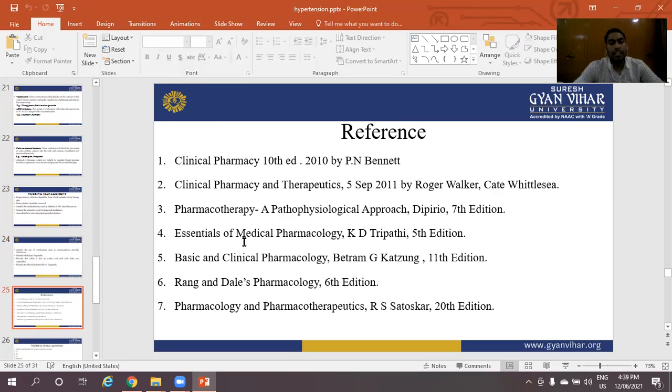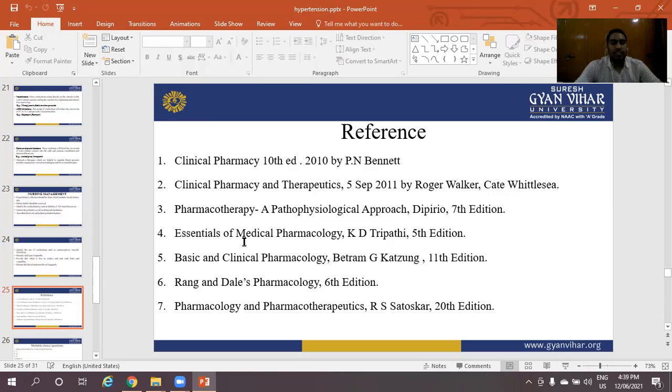References: Clinical Pharmacy, 10th edition, 2010 by P.N. Bennett. Second reference is Clinical Pharmacy and Therapeutics, 2011 by Roger Walker. Third is Pharmacotherapy: A Pathophysiologic Approach, DiPiro, 7th edition. Fourth is Essentials of Medical Pharmacology, KD Tripathi, 5th edition. Fifth is Basic and Clinical Pharmacology, Bertram G. Katzung, 11th edition.